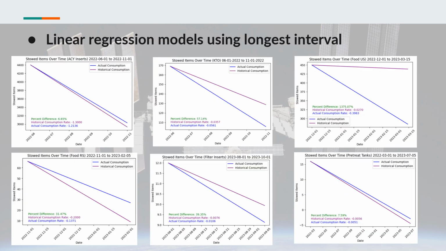These are the results from all 6 consumable items. As you can see, the percent difference for the first one is 6%, the second one is 57%, and food US is 1,375%.